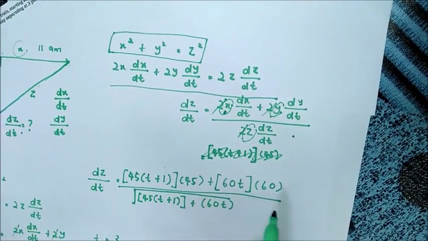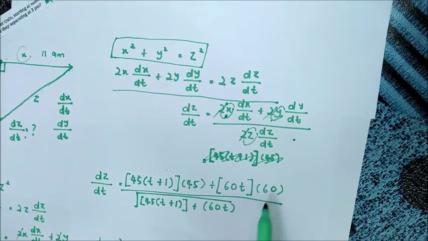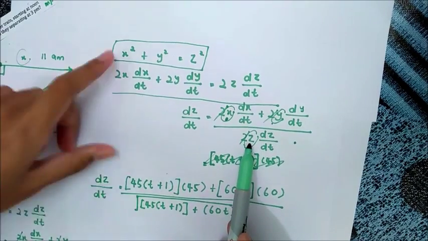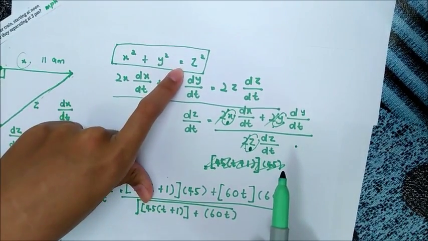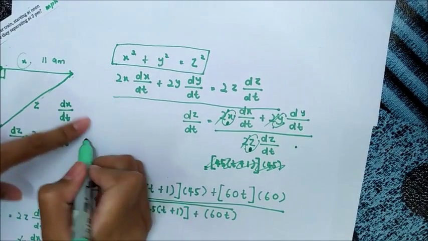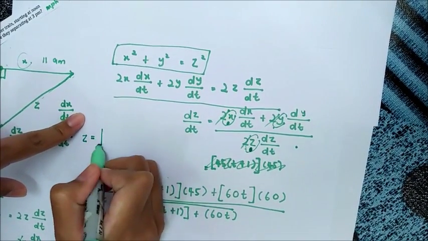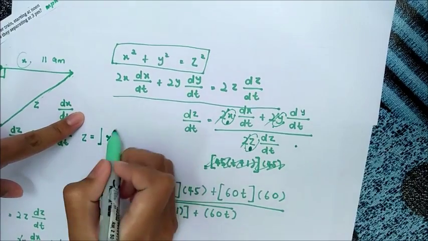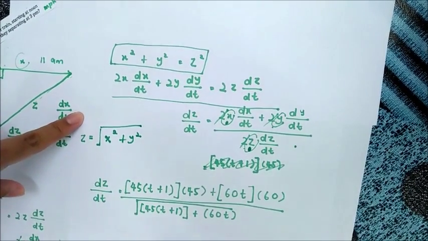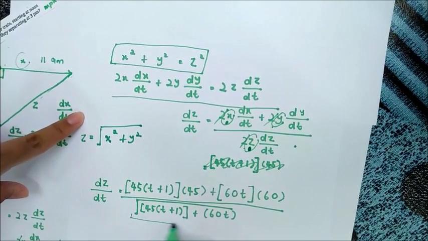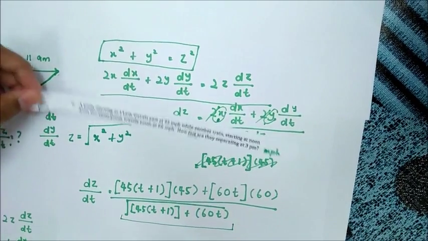So we have this, and for z, we rearrange the original formula. So we have z is equal to the square root of x squared plus y squared. So we insert this in the question.